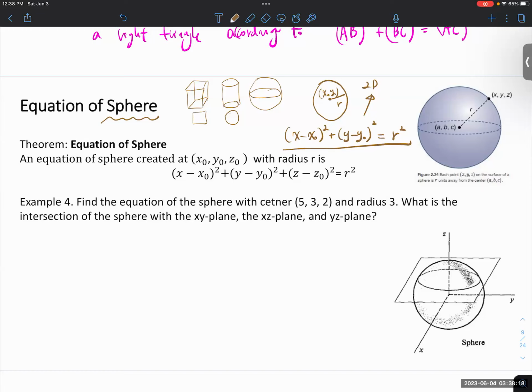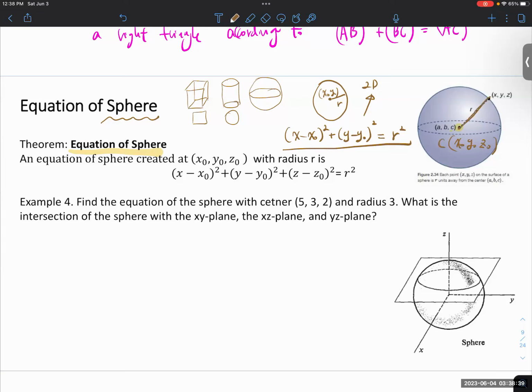We are dealing with the equation of a sphere. So what do you guys think? We have one more variable because it's in 3-dimensional space. Therefore, you have the center at (x0, y0, z0), and then the radius.